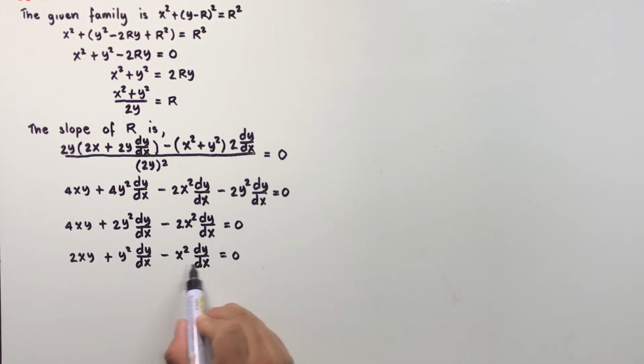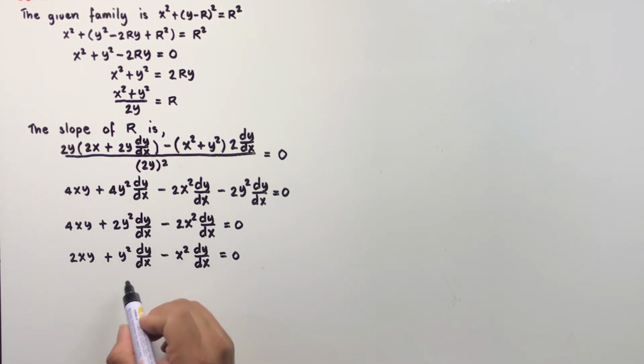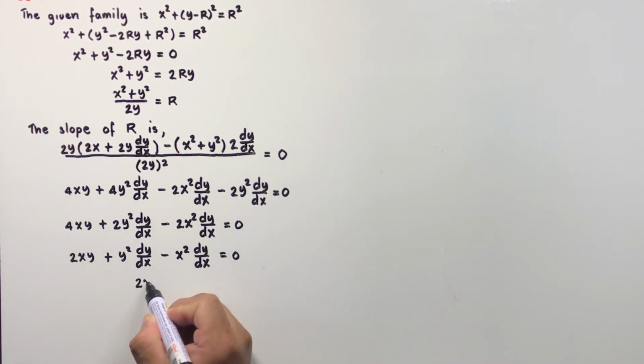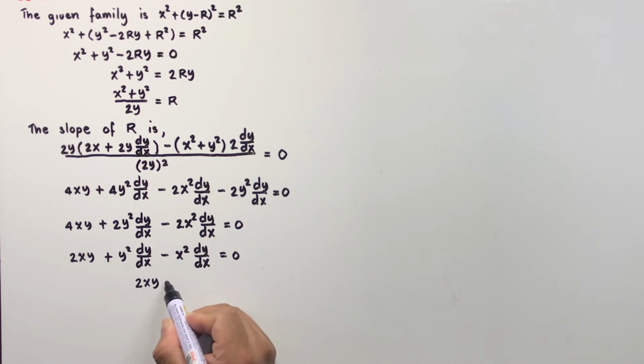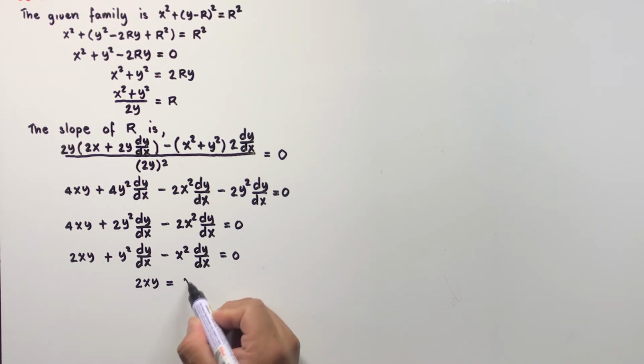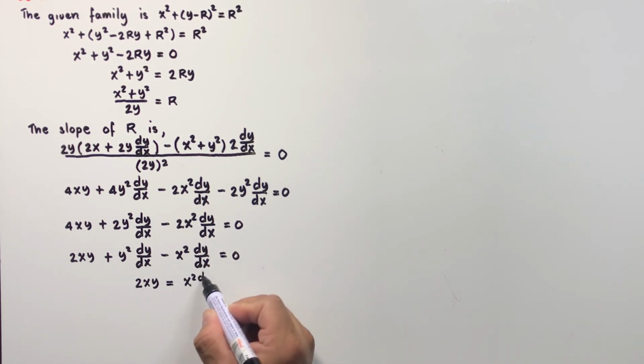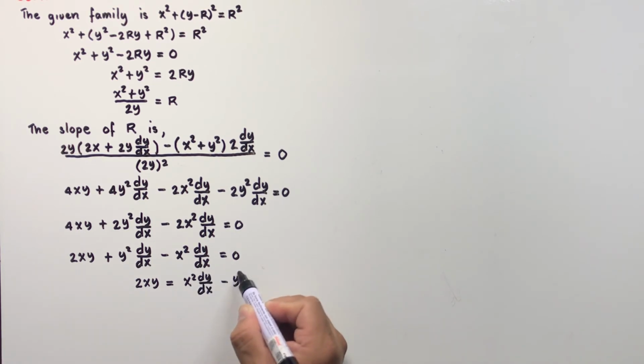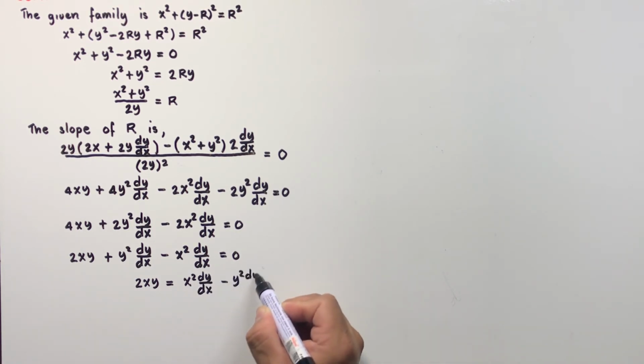And moving these two terms to the right hand side of the equation, we have 2xy, which is equal to x squared times dy dx minus y squared times dy dx here.